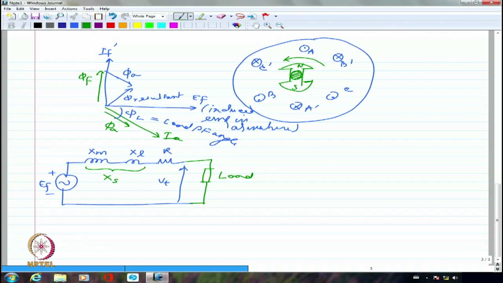So I am going to have Xs to be really large. The leakage of an induction motor normally will be only 10 to 15% or even less. In fact, it will be 7 to 8% very often. I'm talking about per unit values. Whereas, in the case of a transformer, it is only 3-4%.